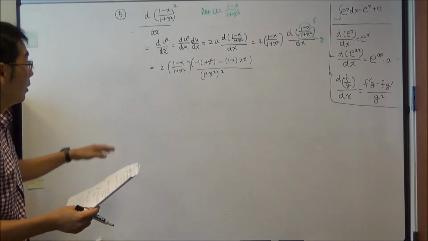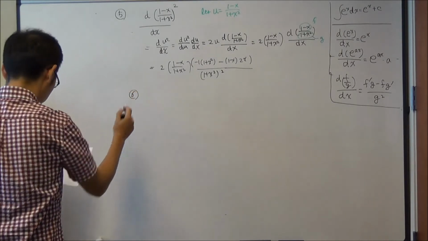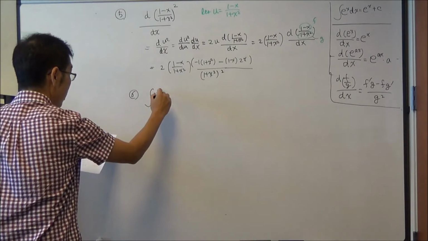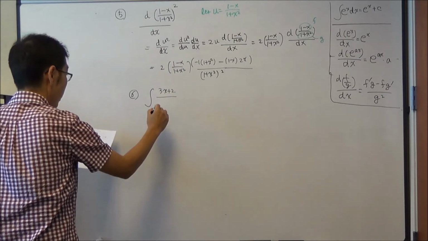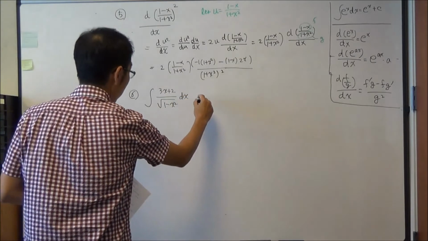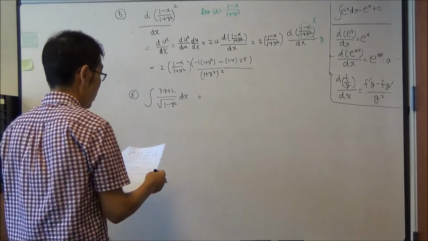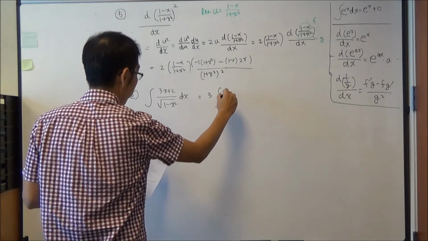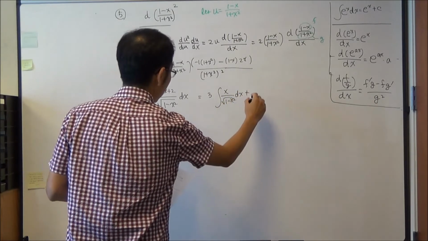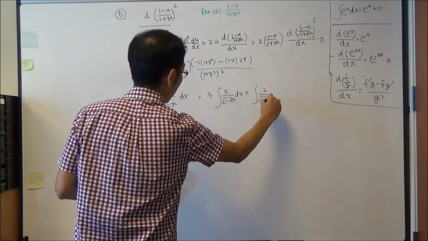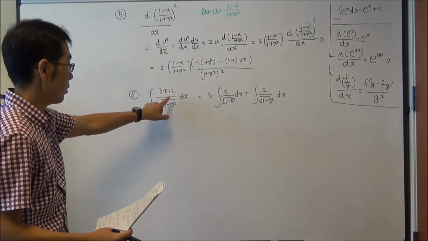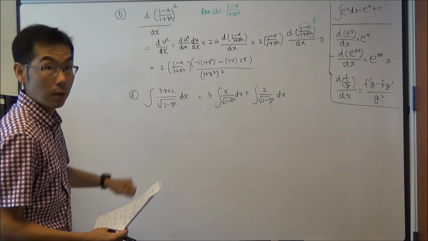Okay, then number 6. Number 6 is integration. This one is 3x minus 2 divided by the square root of 1 minus x squared, dx. Let me write it in this way: 3x over the square root of 1 minus x squared dx, minus 2 over the square root of 1 minus x squared dx, right? So this one is a combination of these two terms.